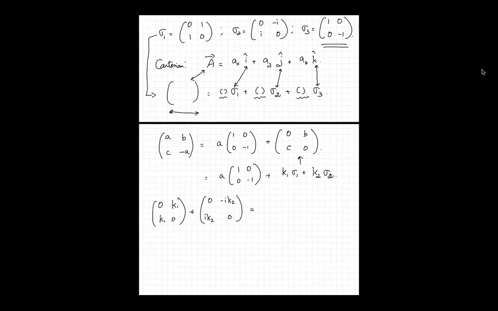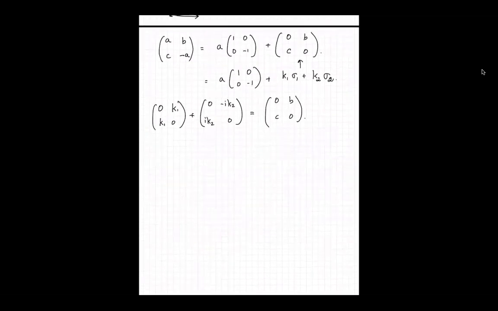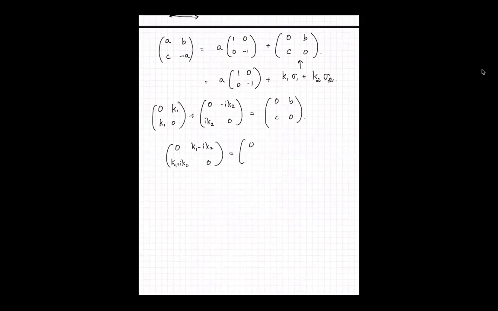So how will this work? Let us take the most general combination, K1 sigma 1 plus K2 sigma 2, and this has to be equal to [0, B; C, 0]. So this tells me that [0, K1 minus iK2; K1 plus iK2, 0] equals [0, B; C, 0]. Okay, so these are two equations and two unknowns.